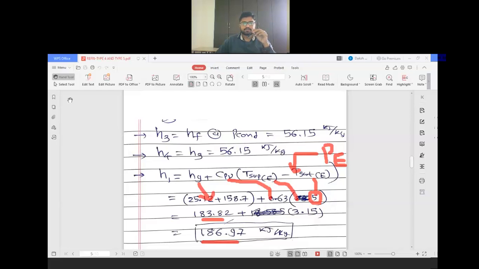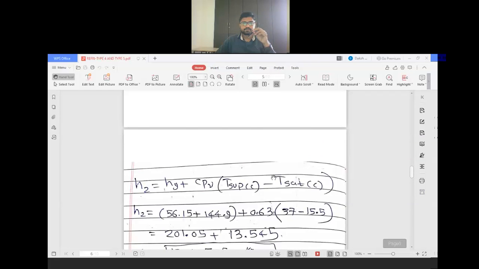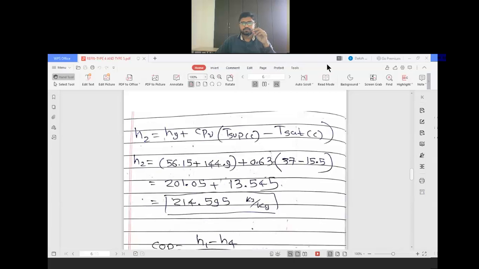Clear? Now then after, H2. Again here all the values you need to take at condenser pressure. Remember, here we haven't found out any entropy. Clear? Why haven't we utilized any entropy equation? Because all the temperatures are given, no need to find out entropy, directly we can put the values. So H2 is equal to Hg plus Cpv, T superheated condenser minus T saturated condenser.